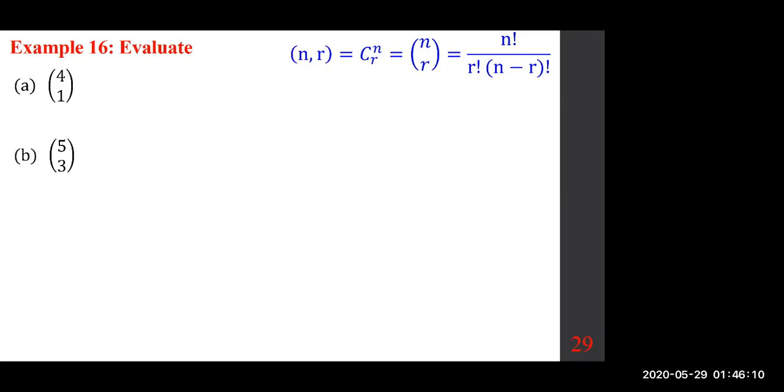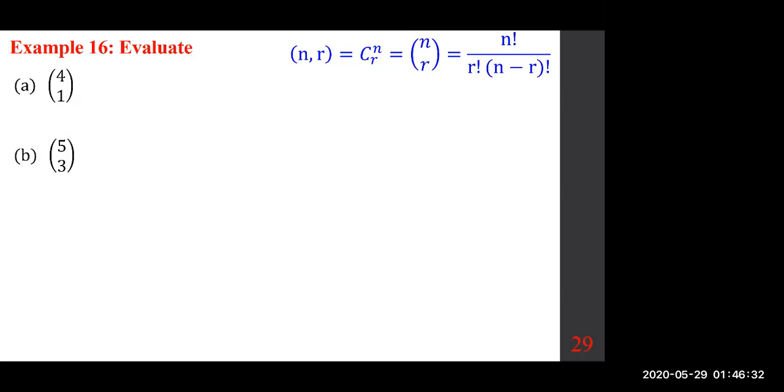Okay. So based on the formula at top, the combination of 4 choose 1. So n is 4 and r is 1.